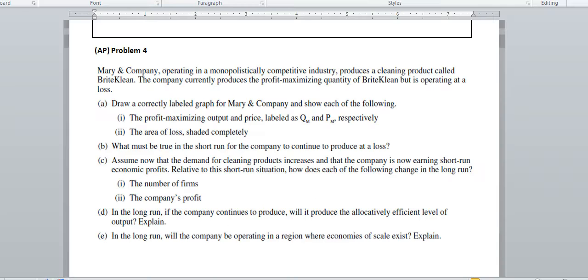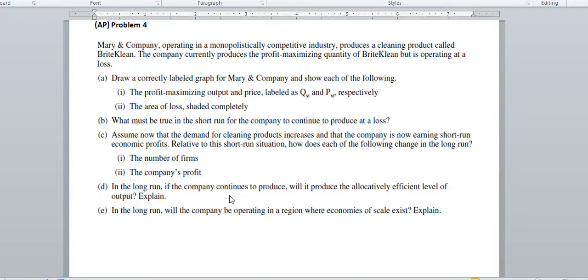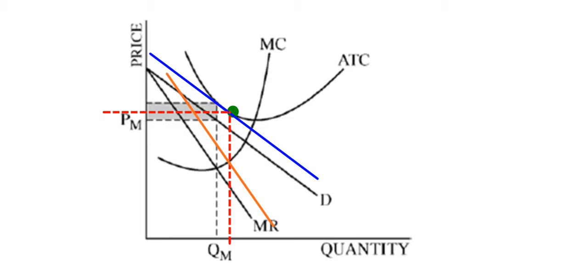Okay, what else? In the long run, if a company continues to produce, will it produce the allocatively efficient level of output? Explain. Well, if we think back to monopoly and all the way back to perfect competition, we would remember that the allocatively efficient point is where price equals marginal cost.